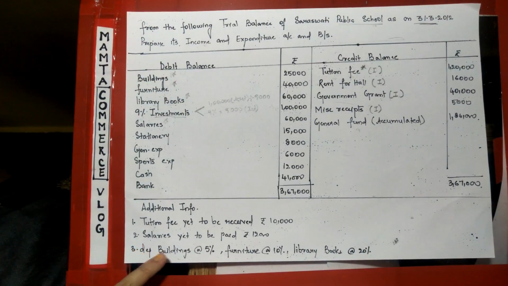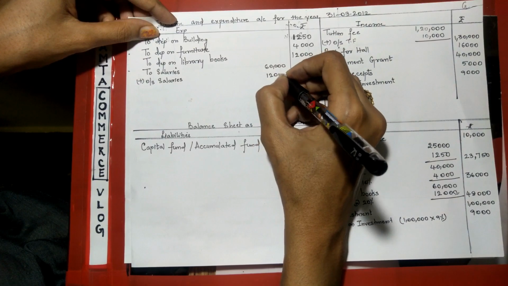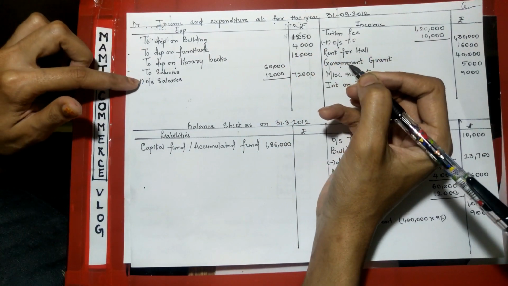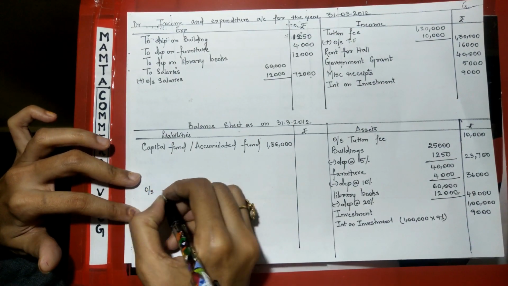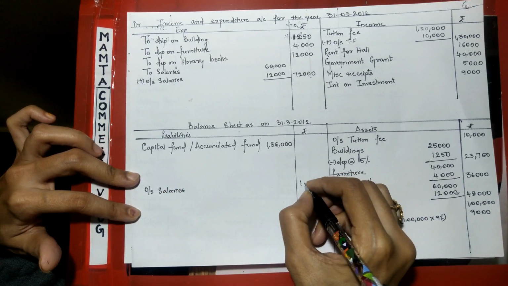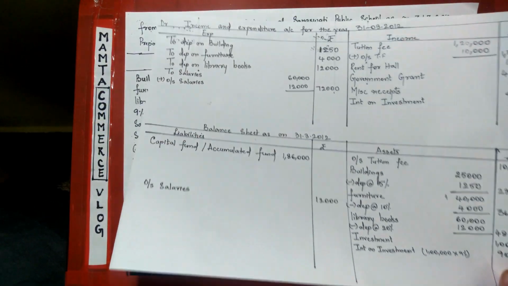So there is an outstanding salary yet to be paid of rupees 12,000. So that is 72,000, and we have to write the dual effect of this outstanding salary. As salary is not yet paid, we are liable to pay it, and it is to be written on the liability side of your balance sheet.